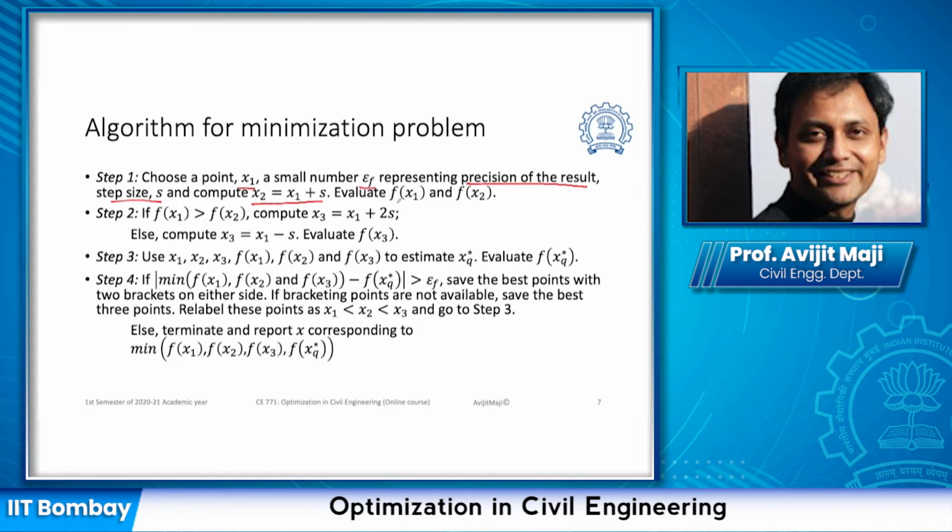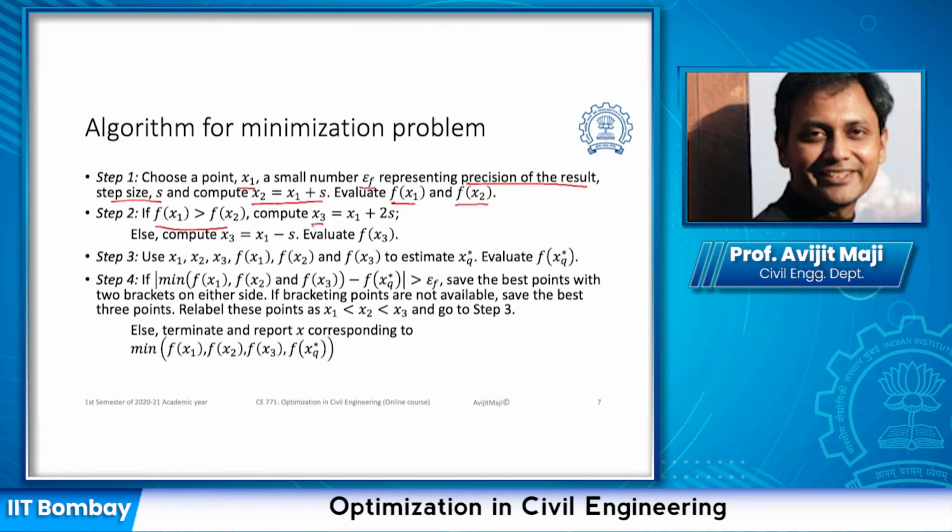Once we do this, we find out the function value at the 2 points x1 and x2. By comparing these two function values in the second step, we need to estimate the third point, which is x3.